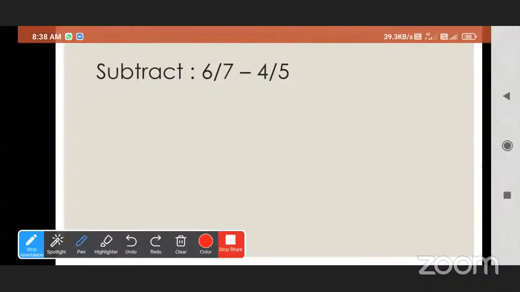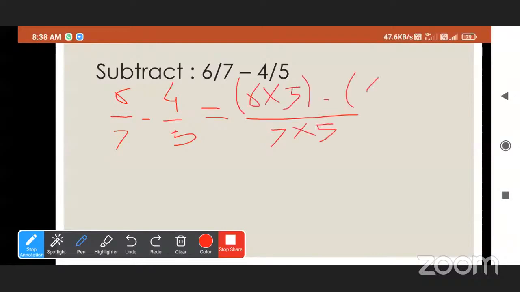Now subtract this one. First, we have to make the same denominator, because these are unlike fractions. So this is 7 multiplied by 5, 6 multiplied by 5, minus 4 multiplied by 7. So 6 fives are 30, and 4 sevens are 28.